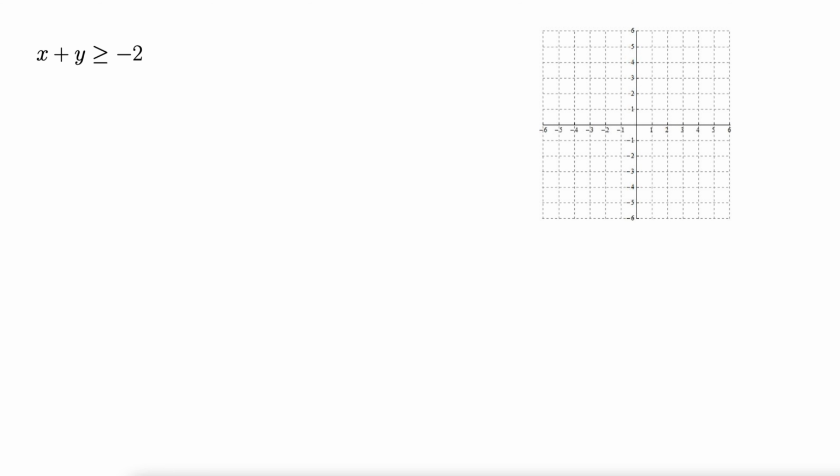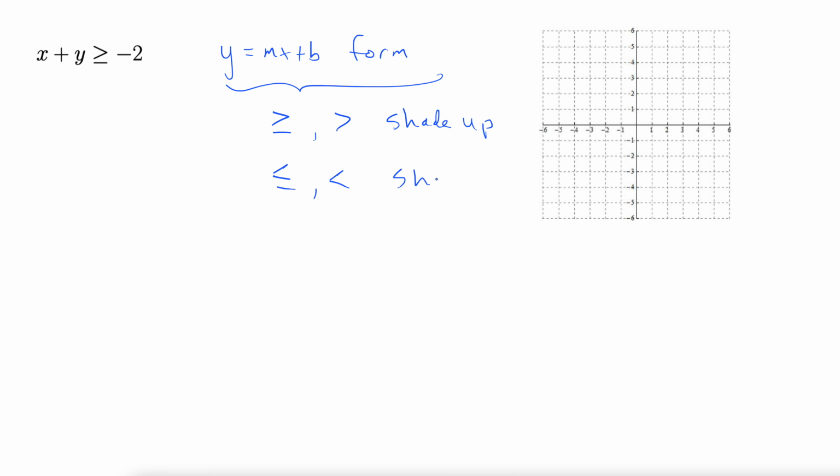The way I like to approach these is to get this into y equals mx plus b form, also known as slope-intercept form. Once it's in this form, greater than or equal to, or greater than, means shade up, and less than or equal to, or less than, means shade down.